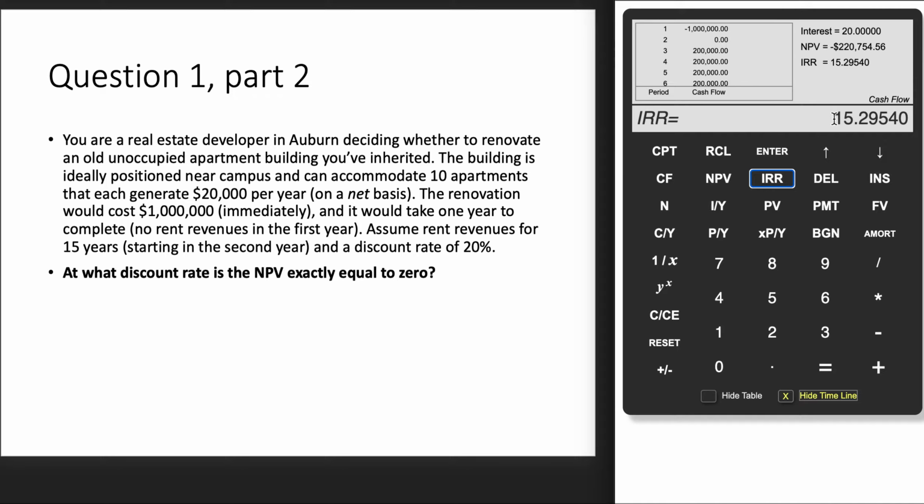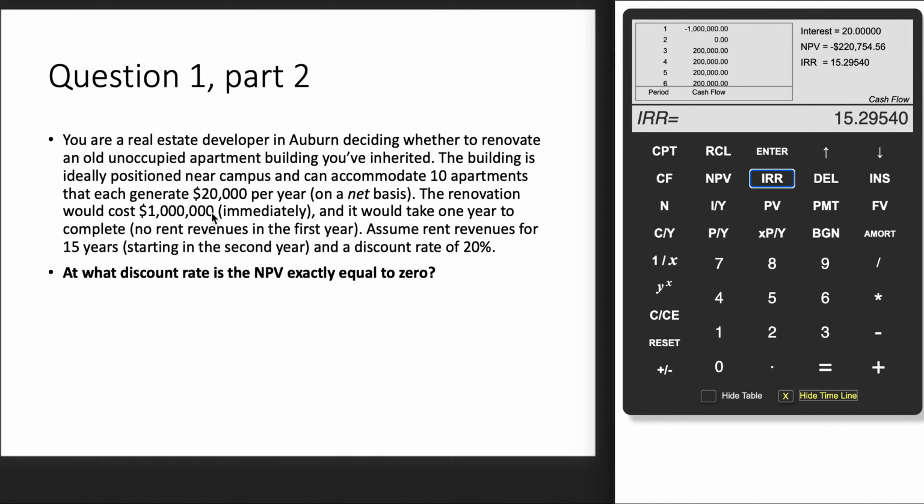I still receive a positive rate of return because you can see the internal rate of return of this project is 15.29, which doesn't sound that bad. But remember, my discount rate, the required return that I need, is 20% in order to make this project worth it, right? It could be the case that I have other projects that I'm considering. I don't have to use this $1 million on this particular project.